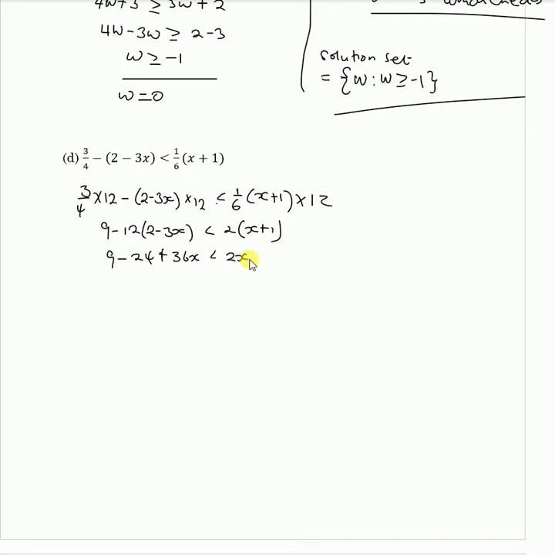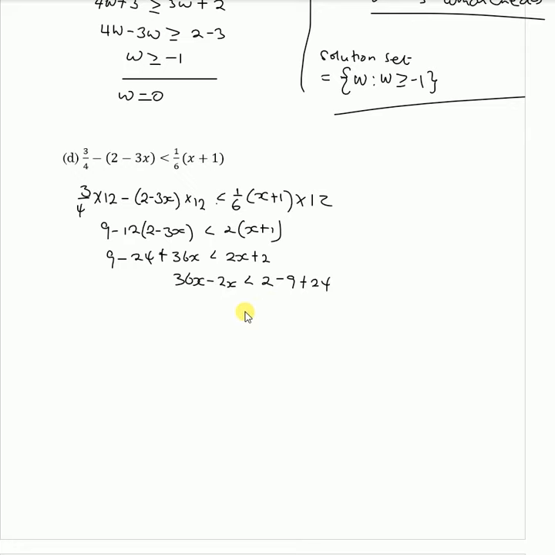Then you have 2x plus 2. 2 times x, 2 times 1. So you have 2x plus 2. And then we shall have 36x minus 2x is less than the 2 there, minus 9 plus 24.